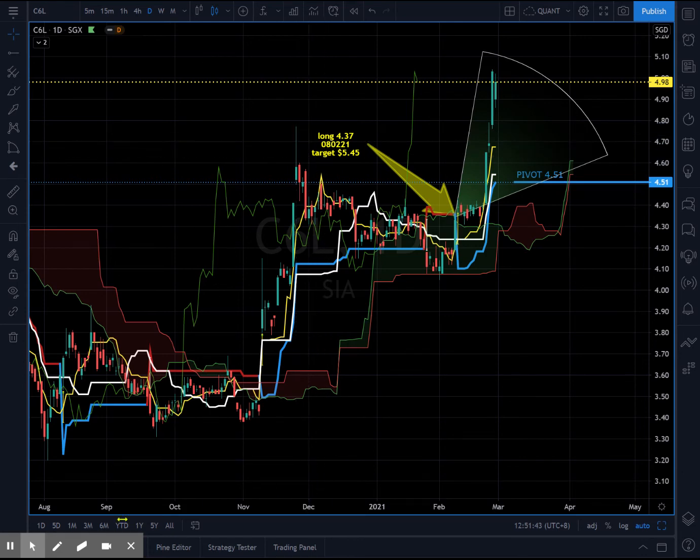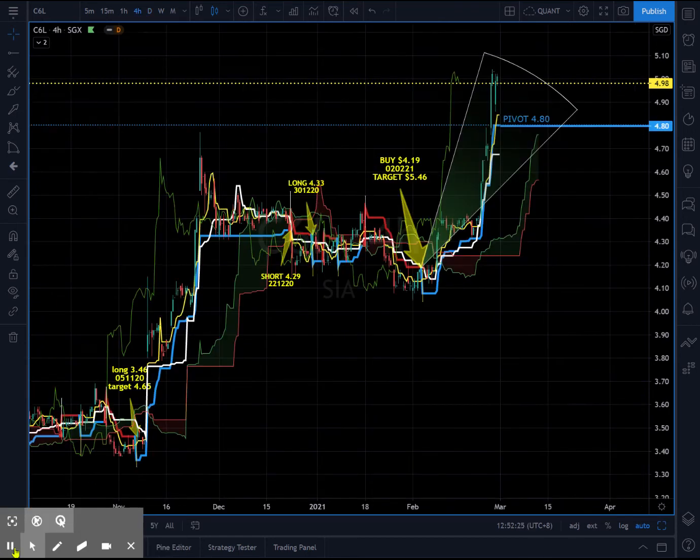Thereafter, it pulled back a little bit, held the SSSB line on the cloud, and a long signal was issued at $4.37 on the 8th of February, at the beginning of the month, to target $5.46. The pivot right now is $4.51, and we need to hold this level for it to make higher highs and test $5.46. So, bullish in the short term on the daily charts.